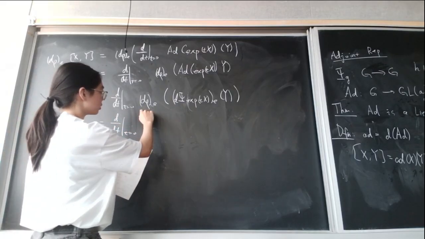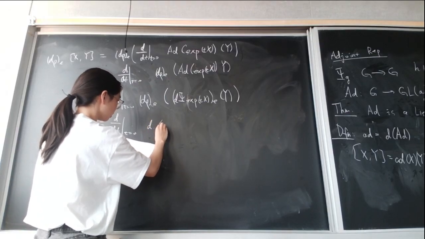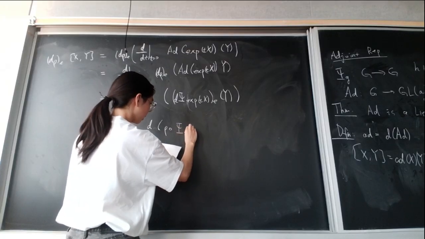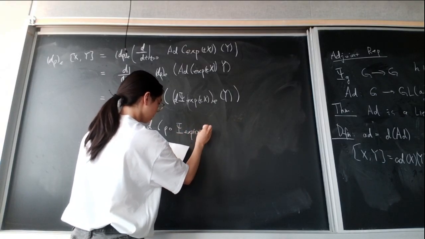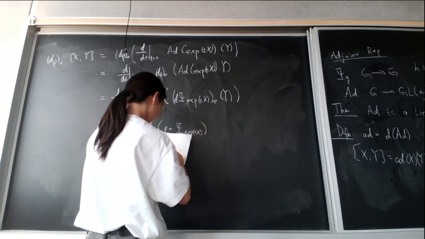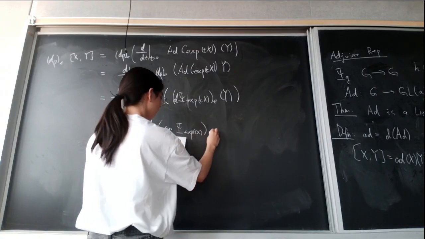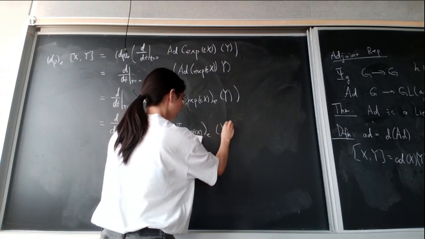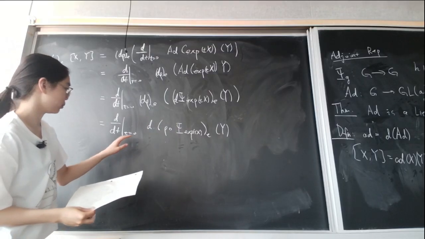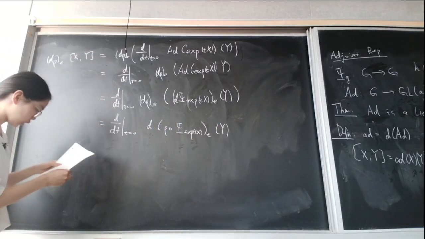So this is equal to the derivative of rho composed with conjugation by exp(tx) at identity applied to y. Yeah, this is the chain rule again.